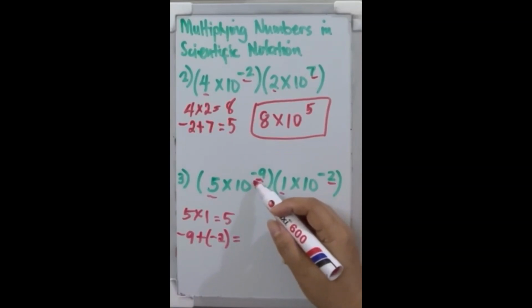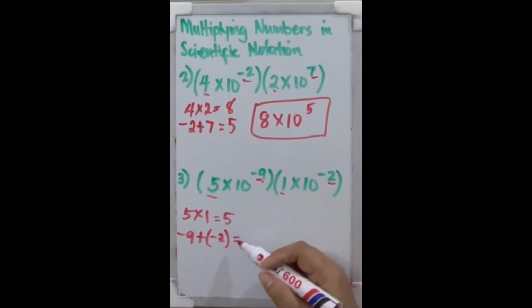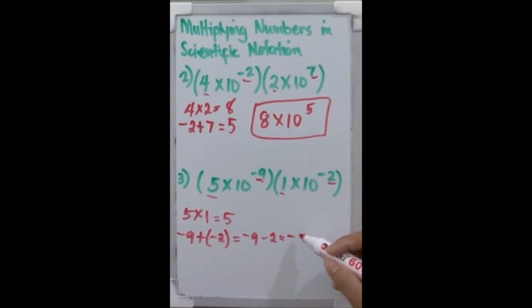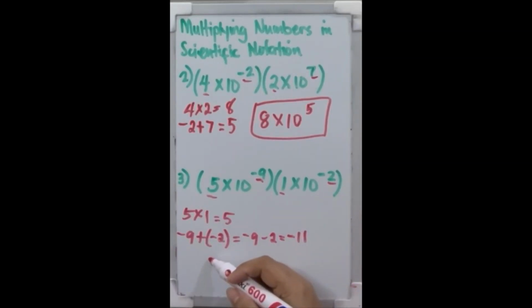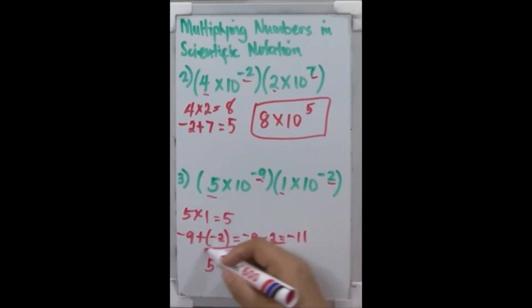Again, negative 9 plus negative 2, so it's just like saying negative 9 minus 2, and this will be equal to negative 11. So our answer for number 3 is 5 times 10 raised to negative 11.